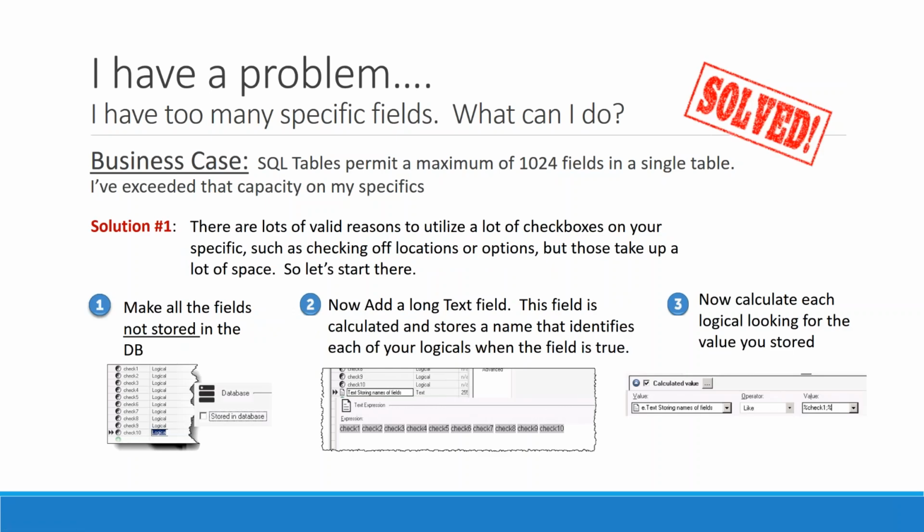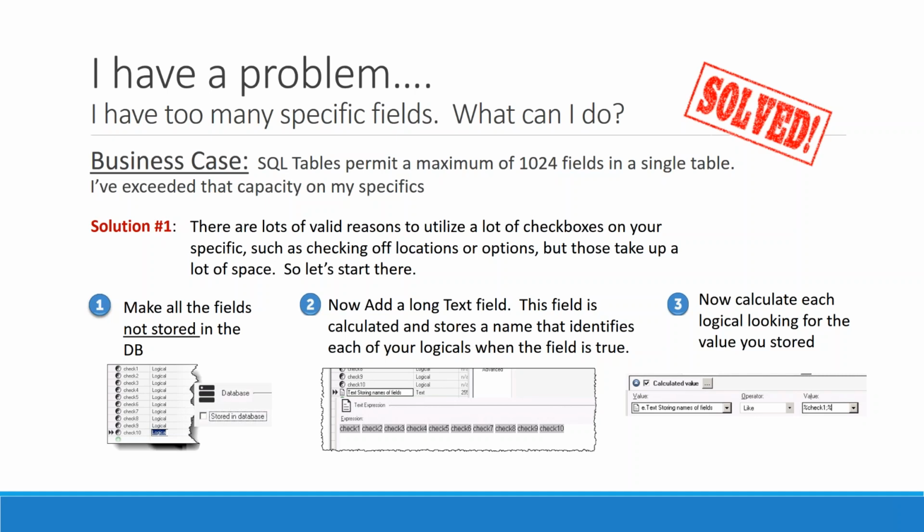For solution number one, there are a lot of valid reasons to utilize checkboxes on your specific. For example, I have a list of a lot of different locations, or a listing of a lot of different options, maybe for purchasing a computer, or working through some sort of debugging.